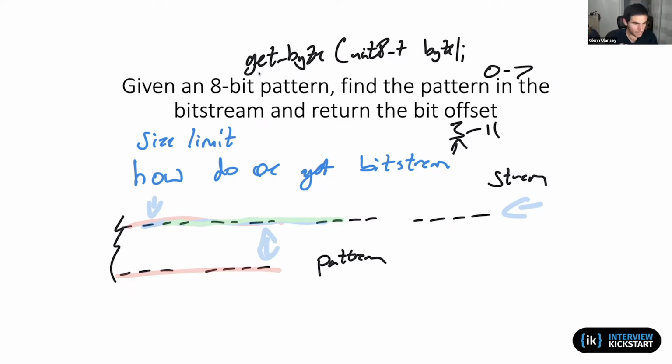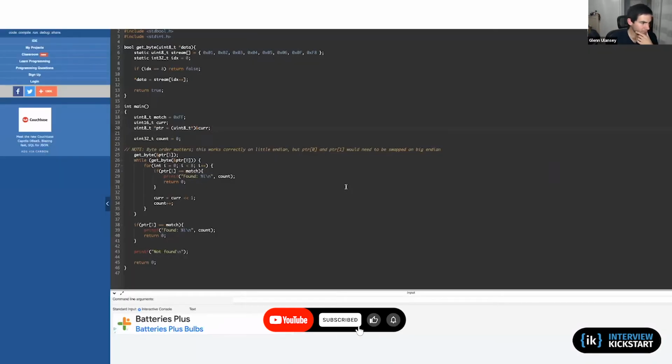So at every step of this while loop, I am shifting my bit stream over by 1 bit so that I can always compare my pattern byte to the aligned current byte of my bit stream. That's what I'm going for conceptually here.